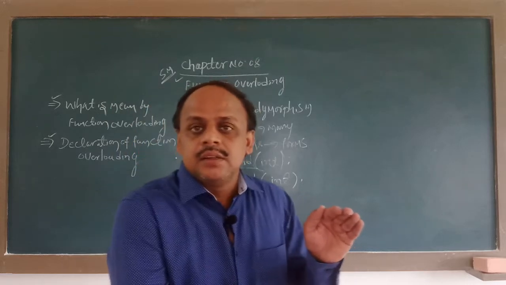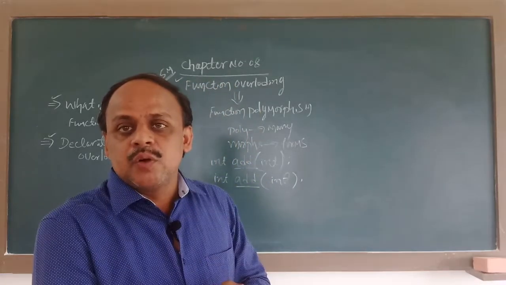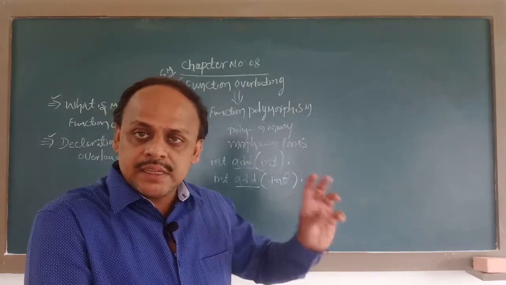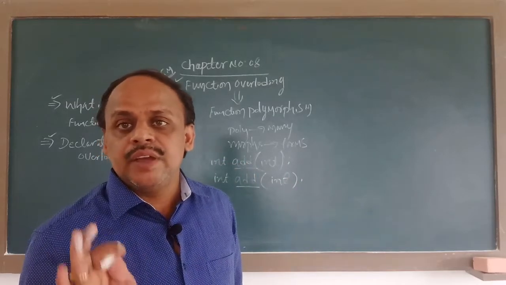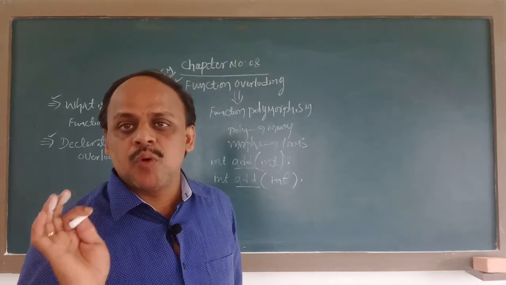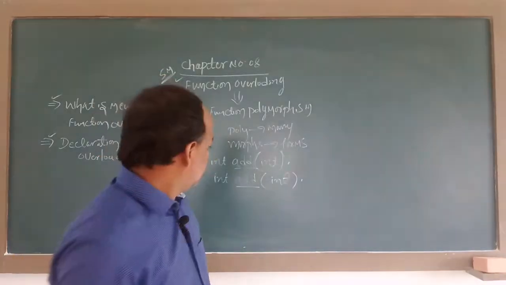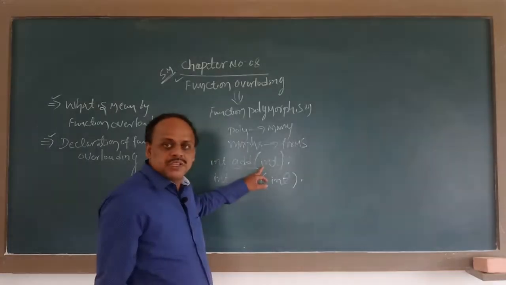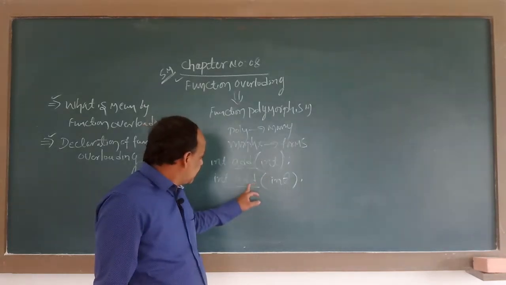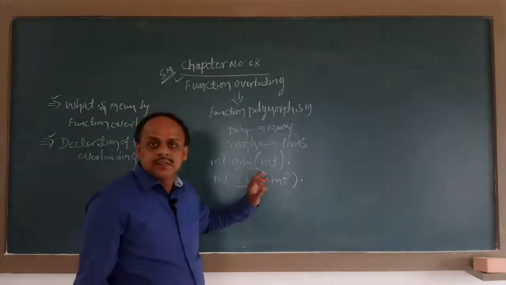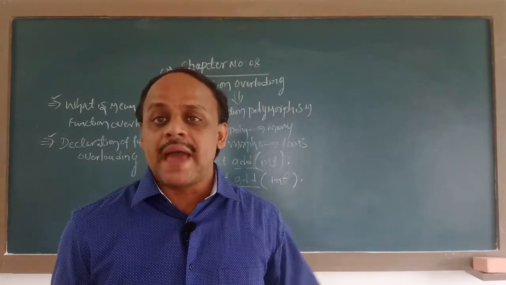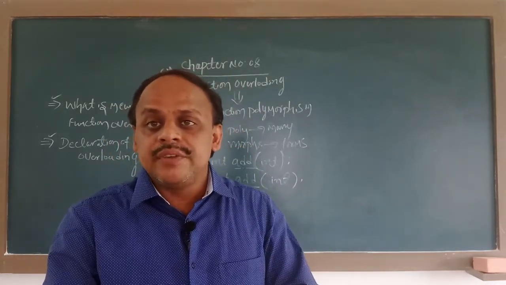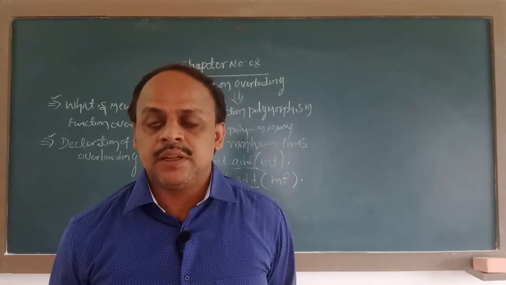So the parameters we consider for the different functions must be different, then only function overloading is possible. Here the first function parameter type is int, the second function parameter type is also int, meaning the parameter data type is matched. So here function overloading is not possible.